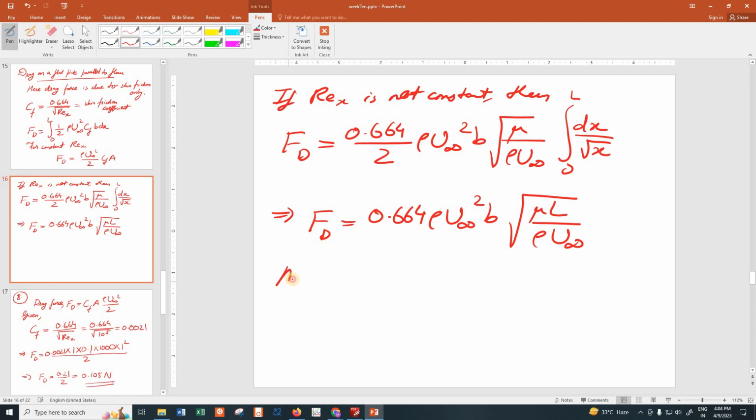Now one can write this in terms of the drag coefficient. The drag coefficient is equal to the drag force divided by half rho U infinity square times area.